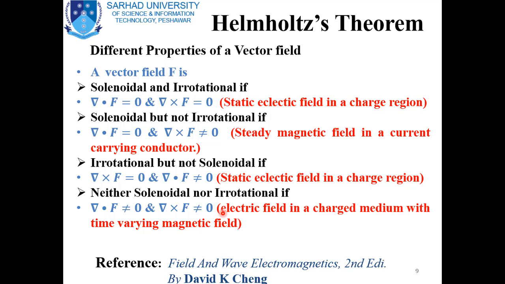The example of such a field, which is neither solenoidal nor irrotational, is the electric field in a charge medium with time varying magnetic field, or when the charge oscillates on a conductor up and down, or in to and fro motion. So this will establish a time varying magnetic field.